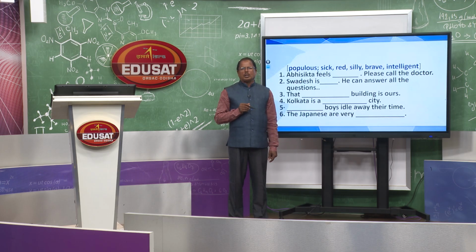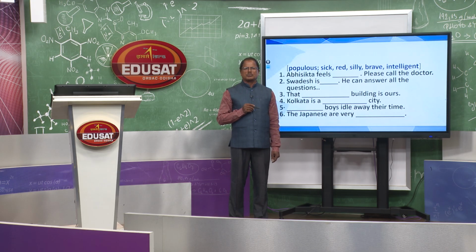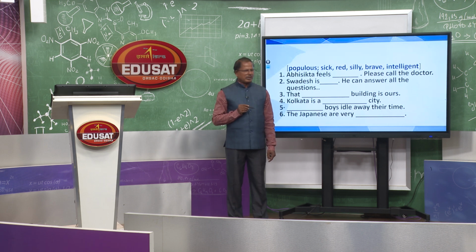So, that dash building is ours, and when we say building, the word red can describe the building, that red building is ours. Kolkata is a dash city, Kolkata is a populous city. Dash boys idle away their time, right. The silly boys, they idle away their time. The Japanese are very dash, very brave, right.